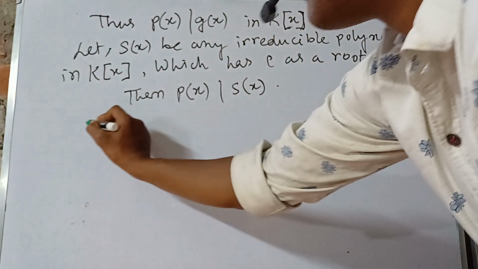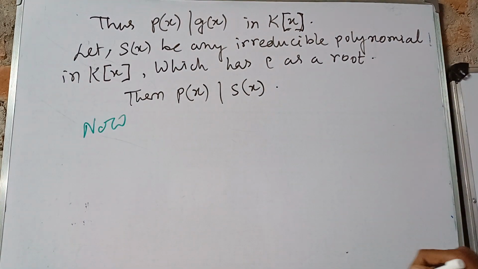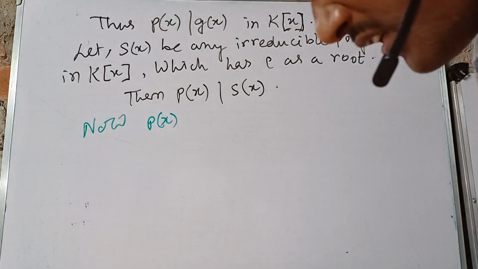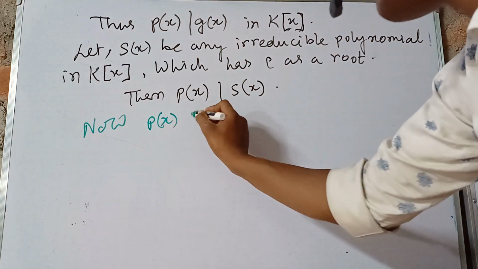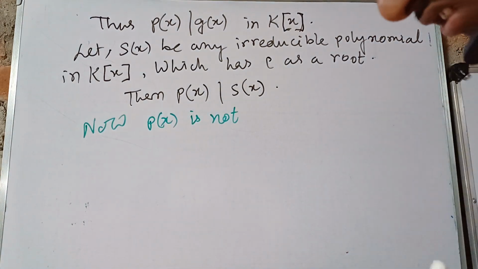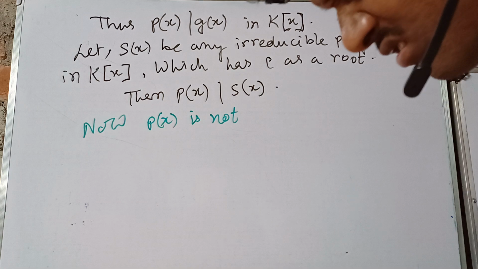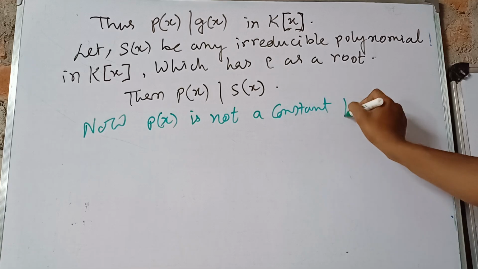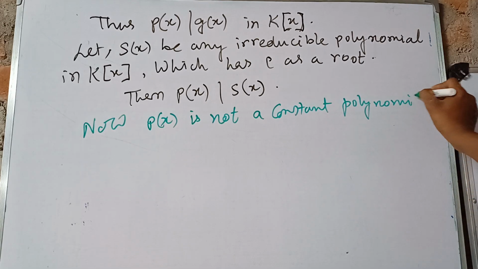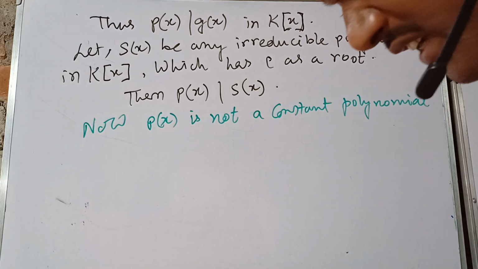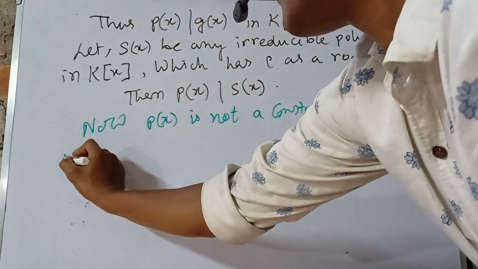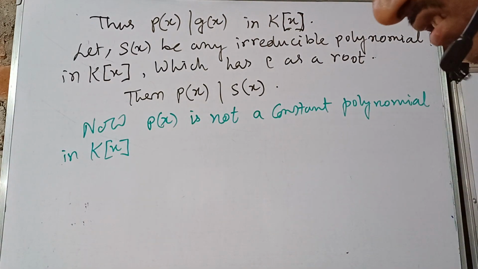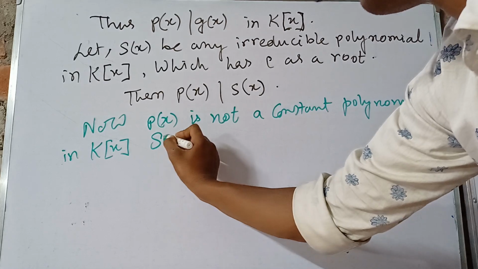Then p(x) is not a constant polynomial in K[x], obviously, since it has c as a root.